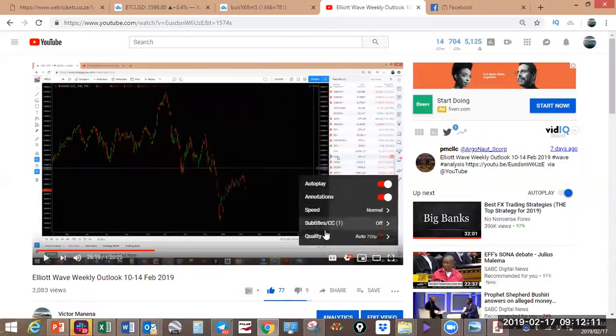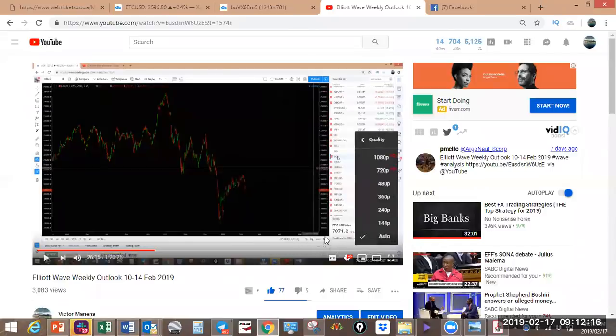Right. You go to settings, quality, and then you can select the quality based on what your device or machine can allow you. So if you think the quality of the video is bad, just go into settings and adjust it there.